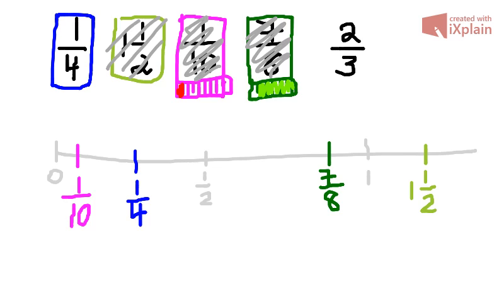If this was not such an easy fraction like a quarter, or if we didn't realize that, we could think, okay, a quarter, what's half of the 4 that is sitting on the bottom? That is 2.